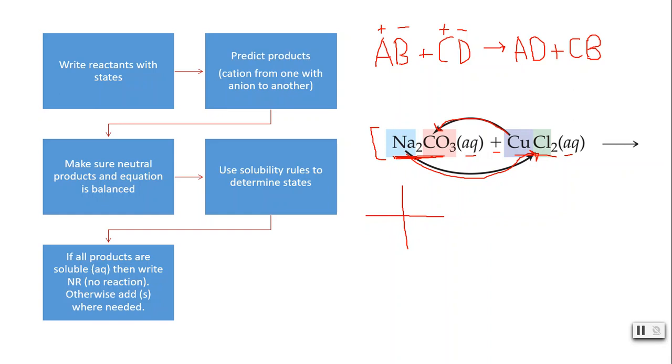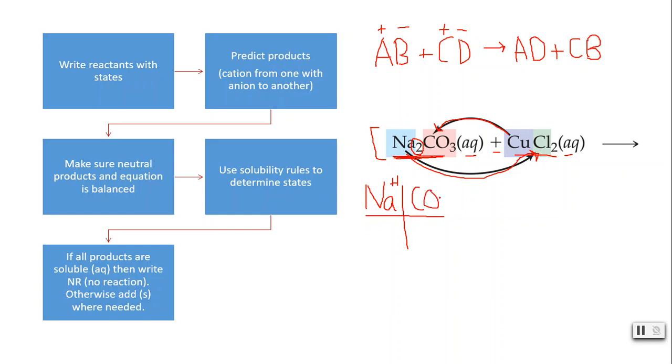What is the cation or the positively charged species of that molecule? Well, the cation is sodium, Na, and it's not Na2. This 2 here in the reactant is just to balance the charge of sodium in that overall molecule. The cation is just sodium, and since sodium's in group 1, it has a positive 1.